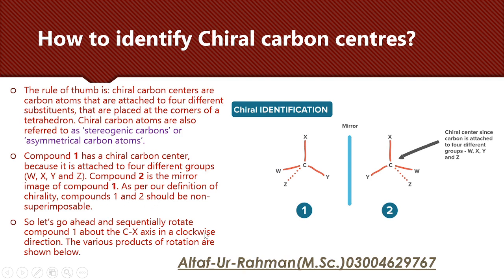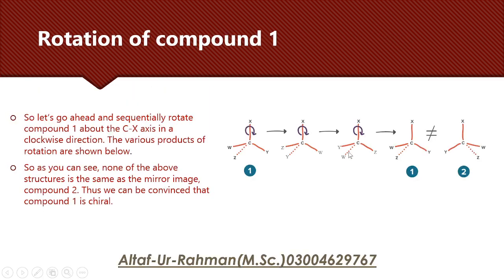Let's sequentially rotate compound 1 about the x-axis in the clockwise direction. The various stages of the rotation are shown here. As you can see, none of them is the same as the mirror image, compound 2. Thus we can conclude that compound 1 is chiral.